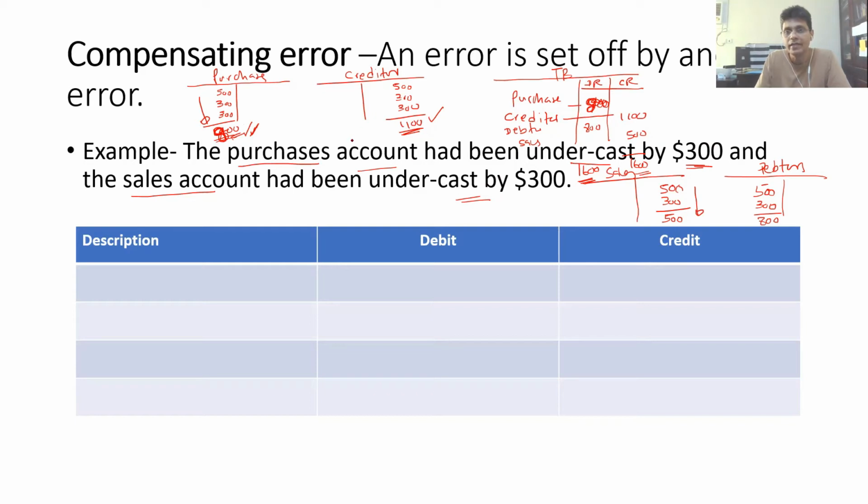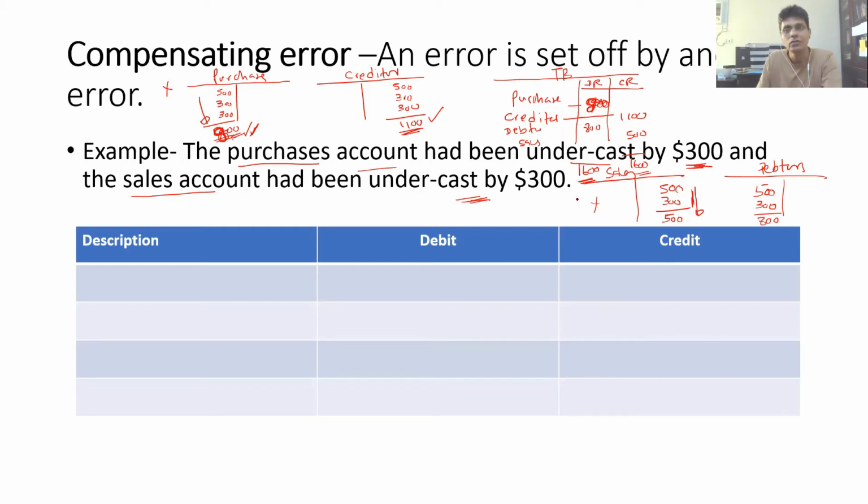Okay, so what is the error? The error is here, the purchaser's account and sales account. The purchaser's account had been undercast by 300 and sales account had been undercast by 300. Similar error offset by another error. So it's offsetting. Purchaser's account undercast by 300, it's a debit entry, and sales account is a credit entry, also undercast by 300.